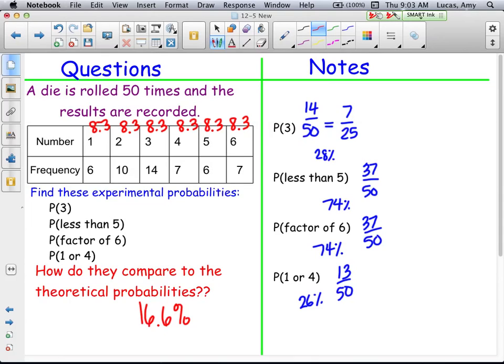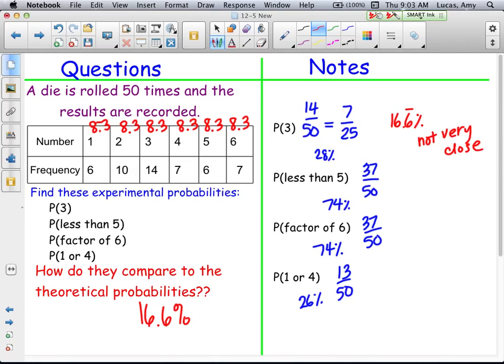So the probability of getting a 3, we would expect about 16.6% of the time to get a 3, because they're equally likely options. So how does that compare? Not very close. The next one, less than a 5, is 4, 3, 2, 1.